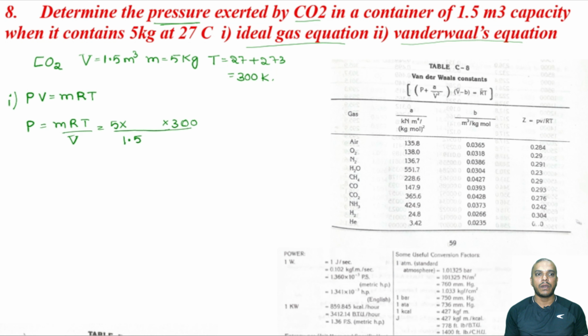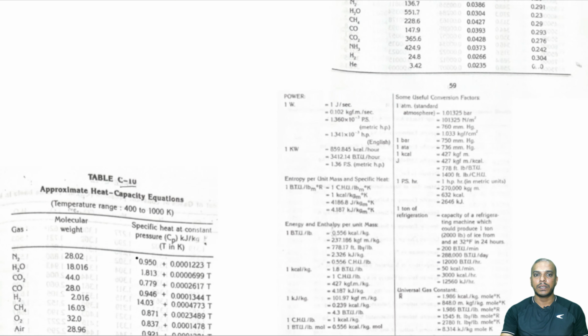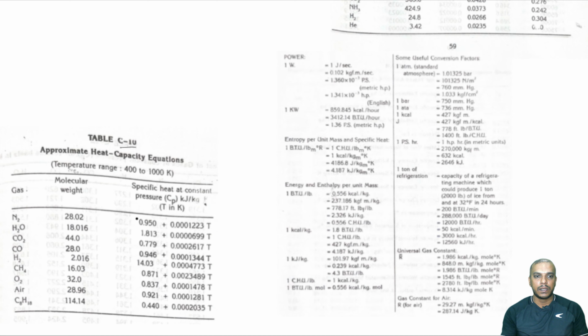Now, how do we find out the value of R? The value of R has to be determined by the equation R bar by molecular weight of carbon dioxide. Now, R for carbon dioxide has to be determined by the trick R bar by molecular weight of CO2. This is there in the data handbook.